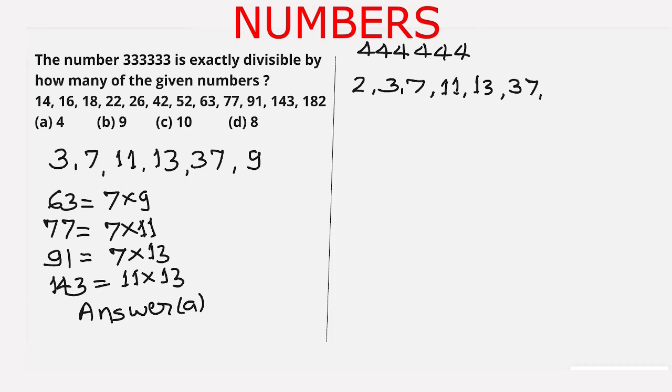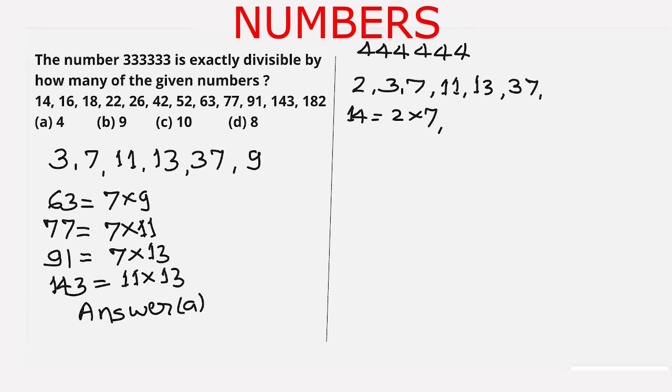So the first number is 14. It is a multiple of 14, which is 2 multiplied by 7, so it is divisible by 14. The next number is 16. This number is not divisible by 16 as we do not have 2 three times or 8 or any other number, and for divisibility by 16 it must be divisible by at least 8.